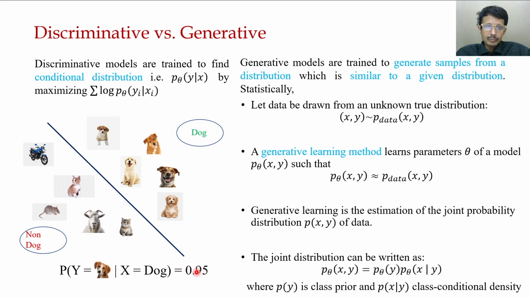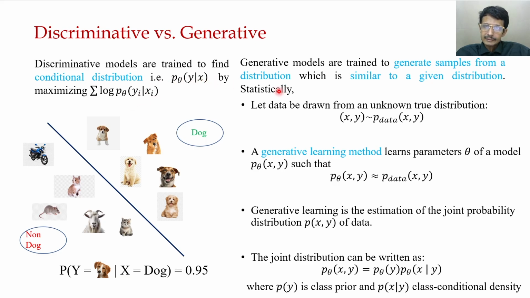It is very high, 0.95, that is 95% confidence that this is a dog, after training the classifier. So discriminative models actually do learning by discrimination, and this is the statistical definition.